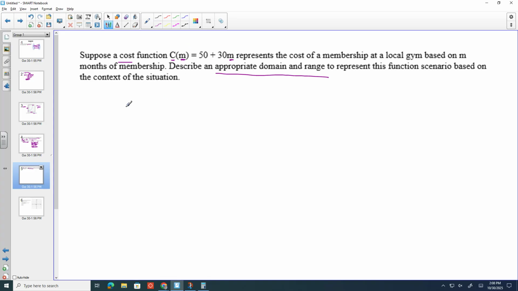So that tells us that in this case, the input is number of months. The output is the cost of the membership. So when we think about domain, we're thinking about the input set, right?